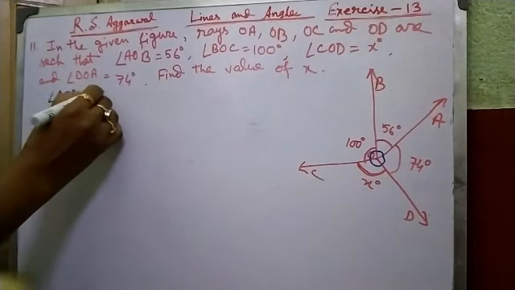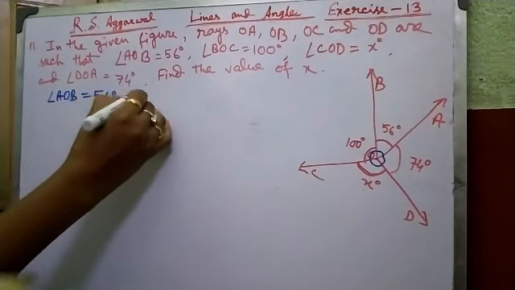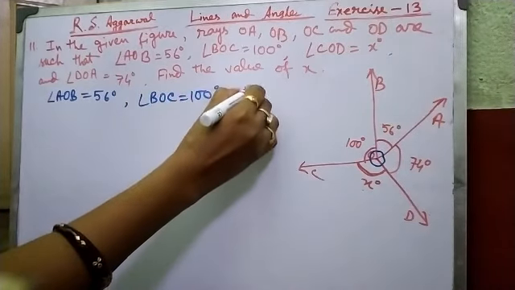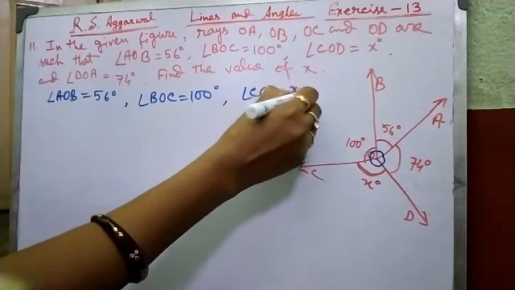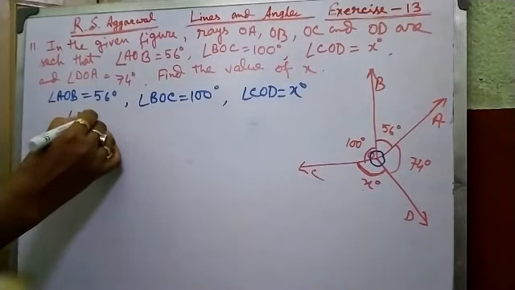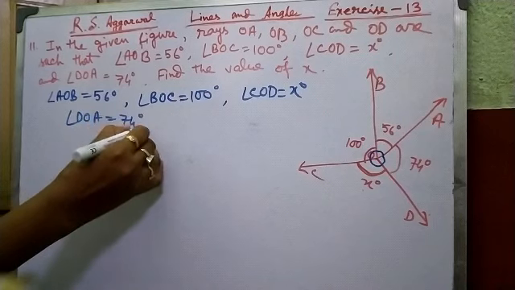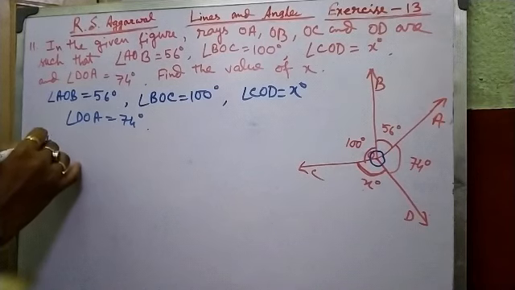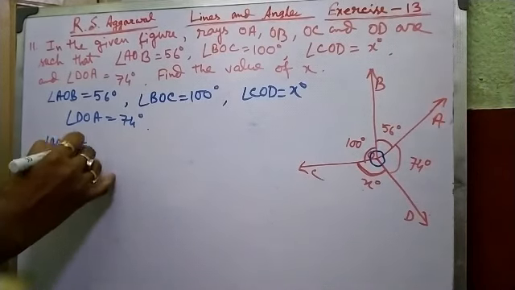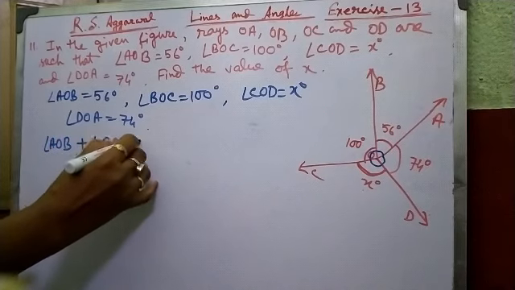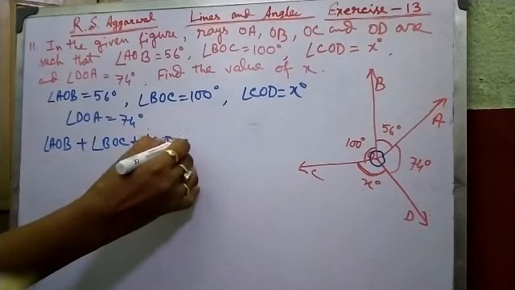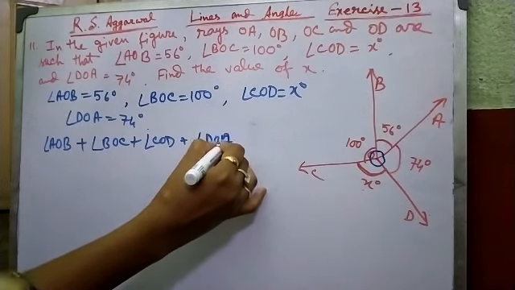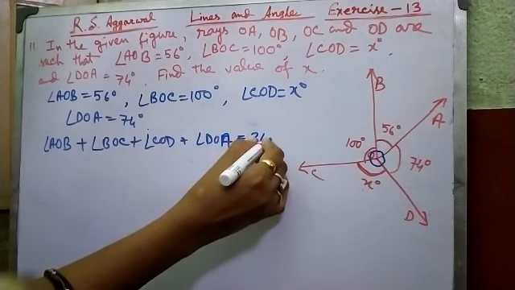Angle AOB equal to 56 degree. Angle BOC equal to 100 degree. Angle COD equal to X degree. Angle DOA equal to 74 degree. Angle AOB plus angle BOC plus angle COD plus angle DOA equal to 360 degree.